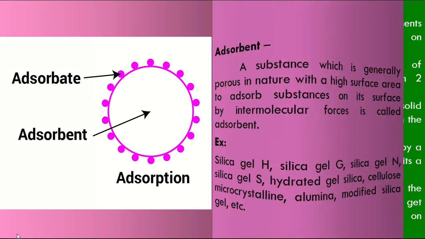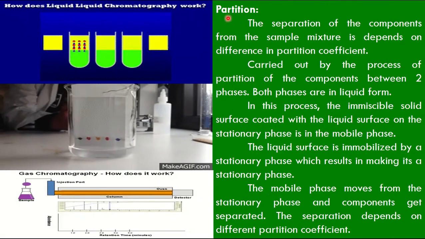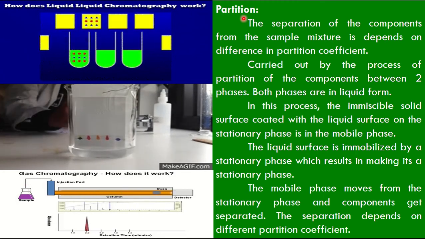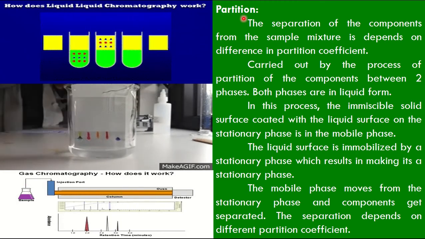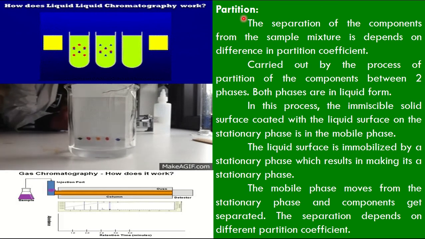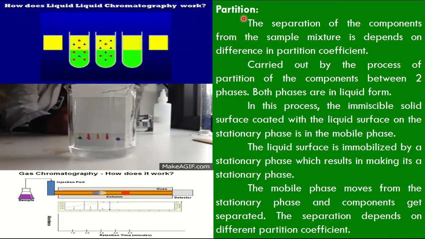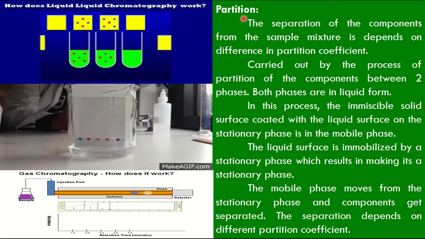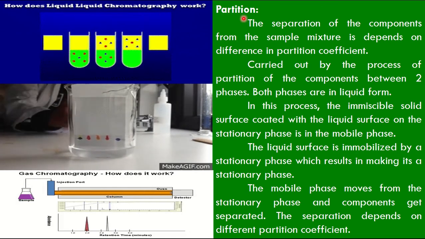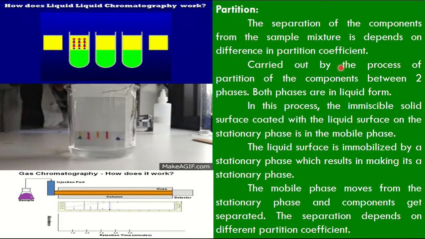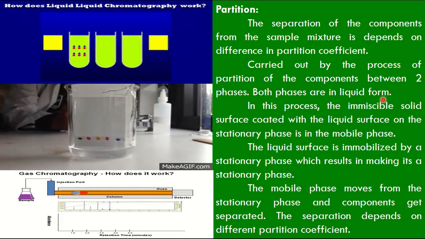The next principle of chromatography is partition. So the separation of particles takes place based on the partition coefficient. This partition coefficient is commonly observed between two immiscible liquids.